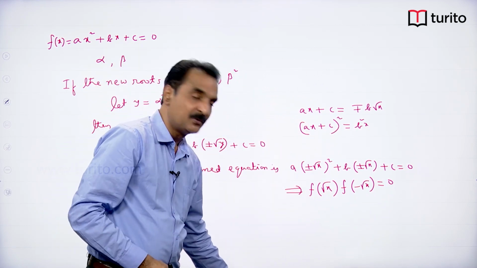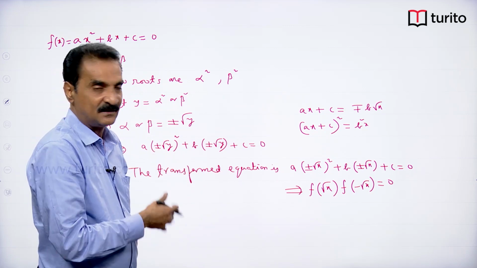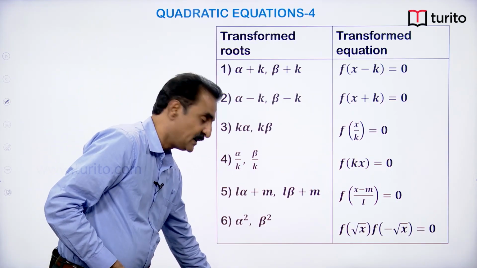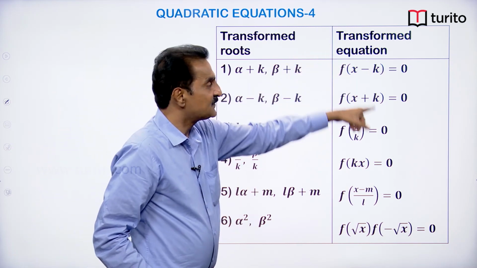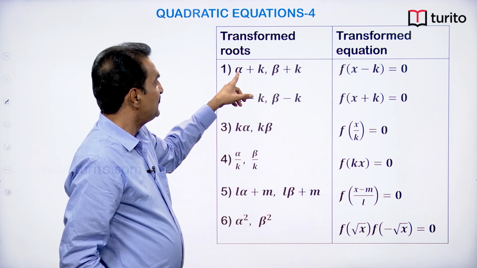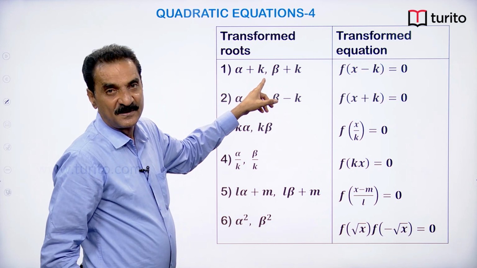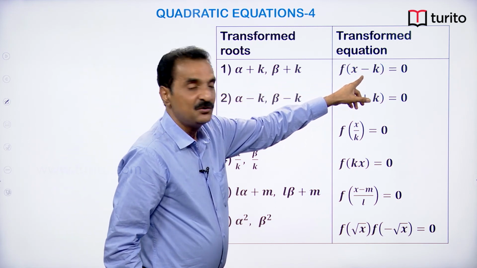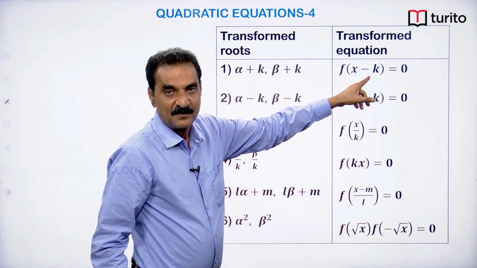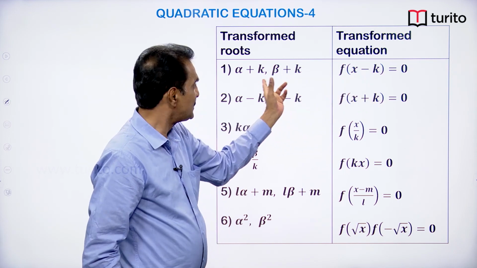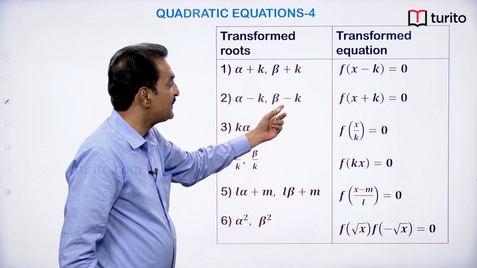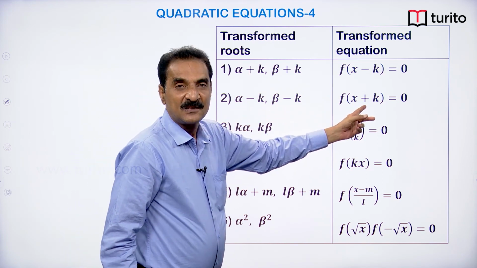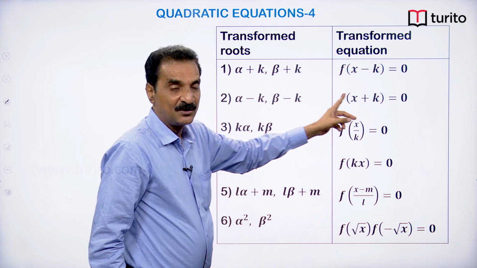Now, I am going to give you a table for all these transformations. See, these are the transformed roots, these are the transformed equations. When roots are transformed like this, alpha plus k, beta plus k, the new transformed equation is f of x minus k is equal to 0. Just the opposite process here. If alpha minus k, beta minus k are the new roots, the transformed equation is f of x plus k is equal to 0.